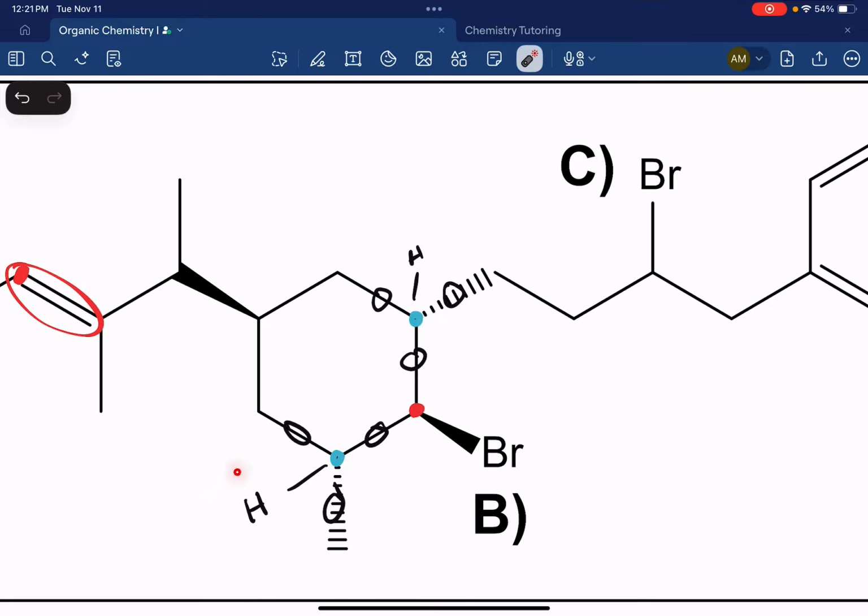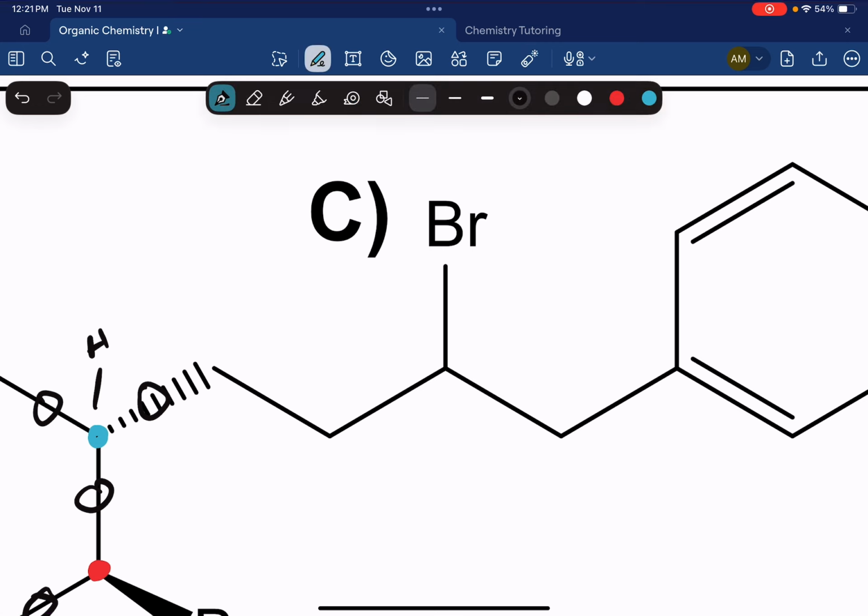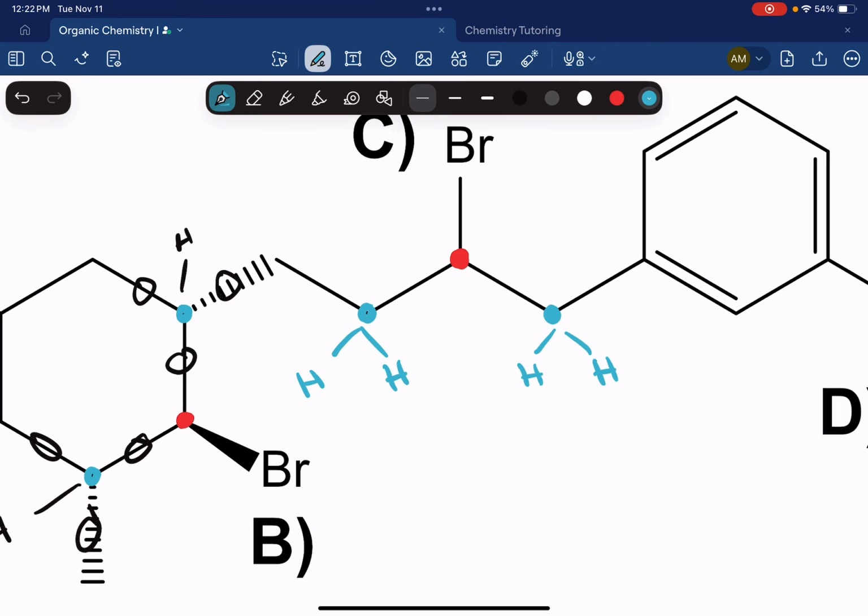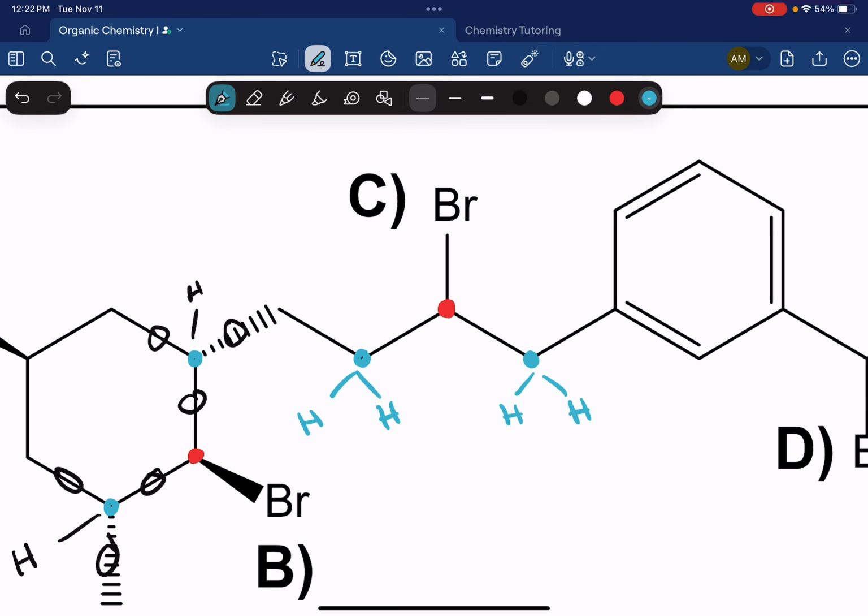There's just a lot going on in this area that it would be really hard to react. Let's look at this one. We've got alpha carbon here, beta carbon, beta carbon. These beta carbons each have 2 hydrogens. Right? Cool. This one looks perfect.